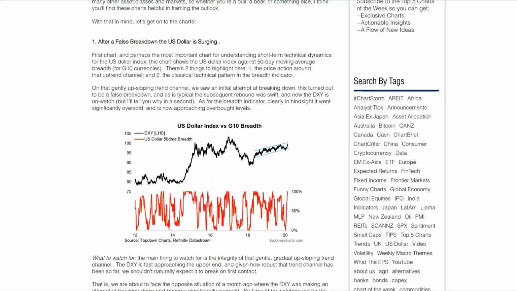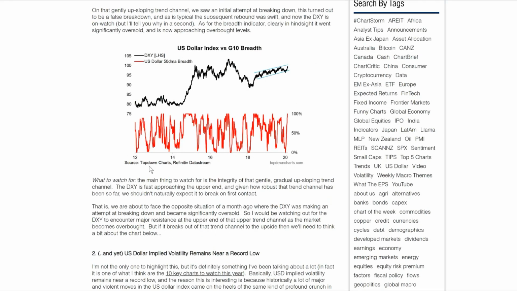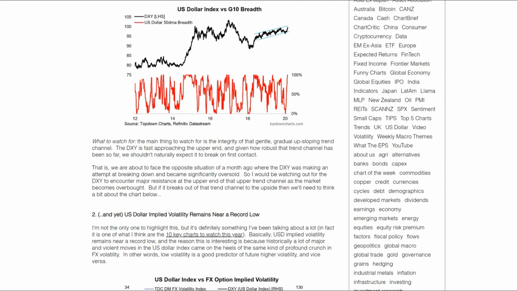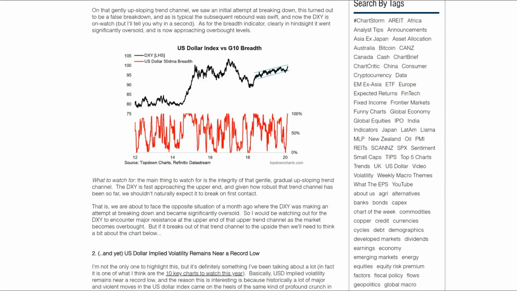At this point I'll go back to the blog and quickly read out what to watch for. As I alluded to, the main thing to watch for is the integrity of that gentle, gradual but upsloping trend channel. DXY is fast approaching the upper end, and given how robust that trend channel has been so far, we shouldn't naturally expect it to break on first contact to the upside.